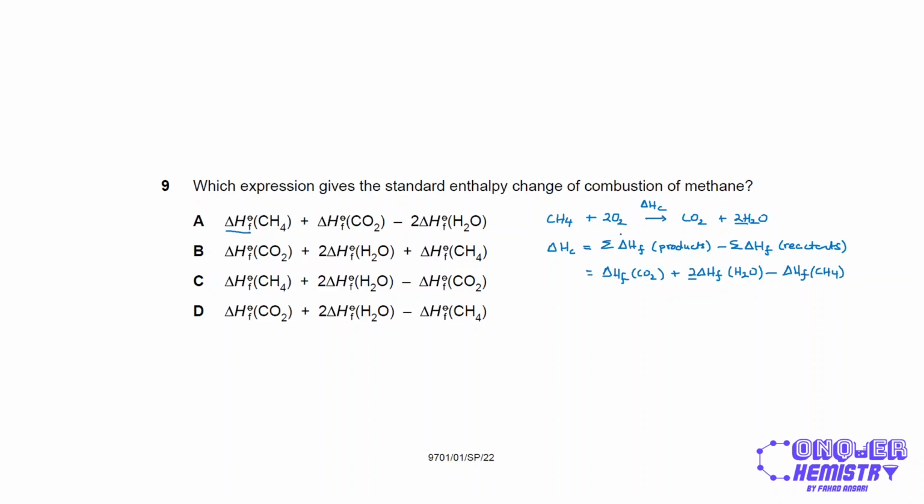There's not going to be any enthalpy change of formation of oxygen because this is an element, and the enthalpy change of formation of an element is going to be 0. So you don't include this in the equation. So this expression matches option D. So option D is correct.